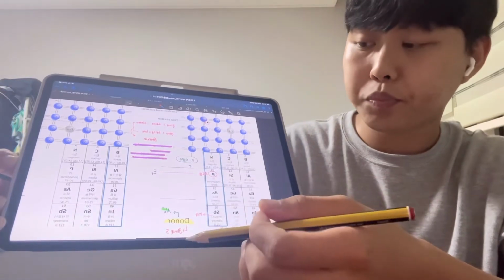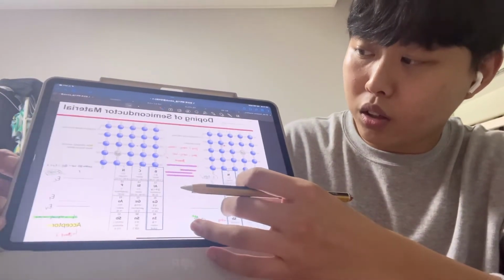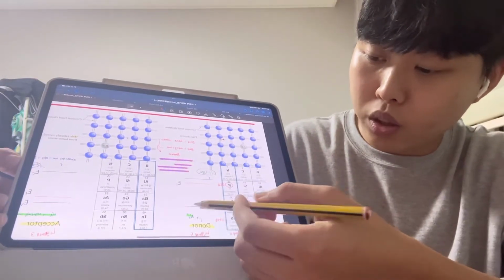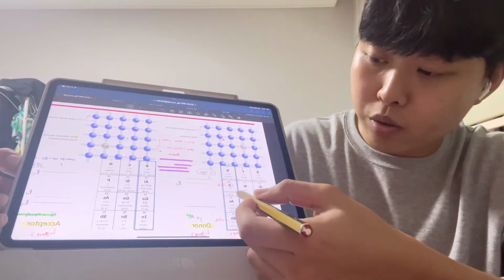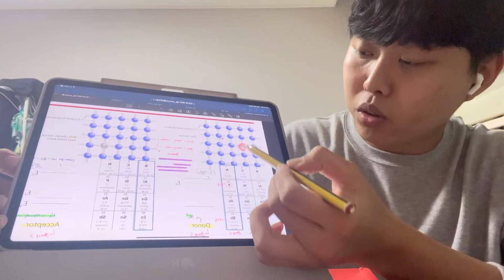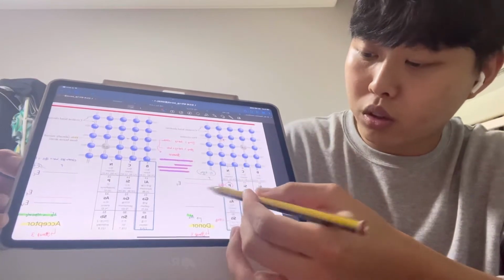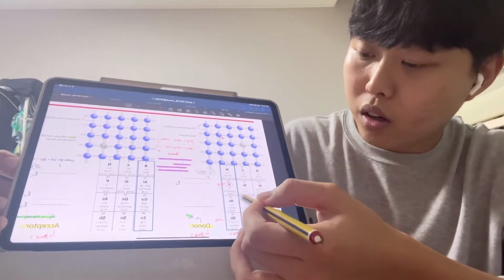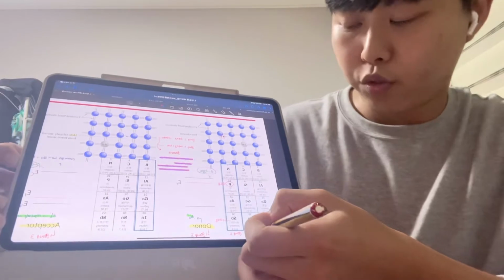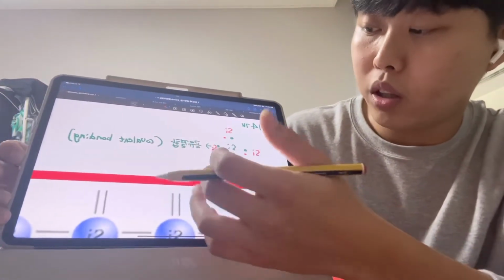So we call it group 3, 4, 5 depending on how many electrons are left in the outermost space of the atom. Now, to understand the doping of semiconductor materials, let's have a look at the group 5 material, phosphorus. If there is phosphorus in the middle, and it wants to get a covalent bond with the silicon, of course silicon is located in group 4, which means it can get bonded.